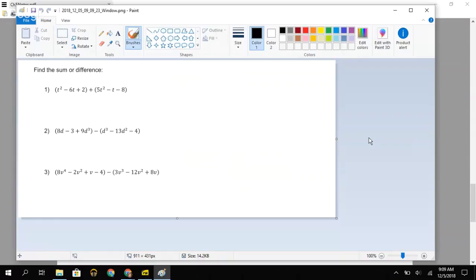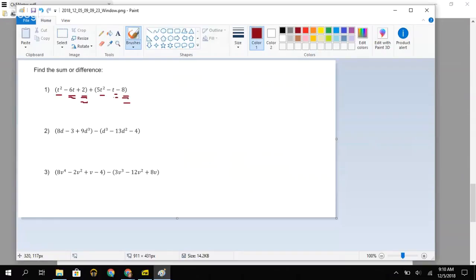Just a review: when you add or subtract polynomials, you need to look for what we call like terms. What I mean by like terms is that we have a t squared and a t squared, a negative 6t and a negative t, and then we have our constants, a 2 and an 8.